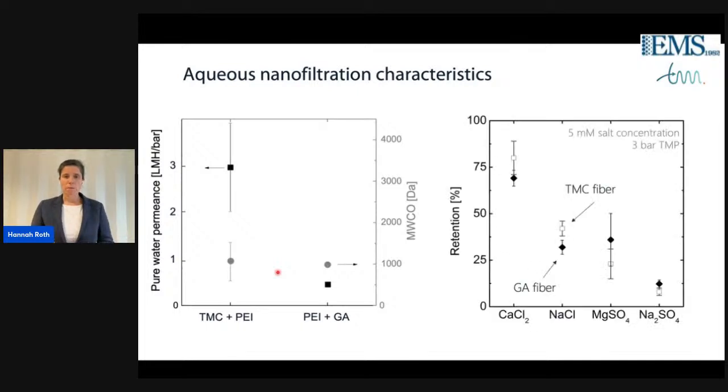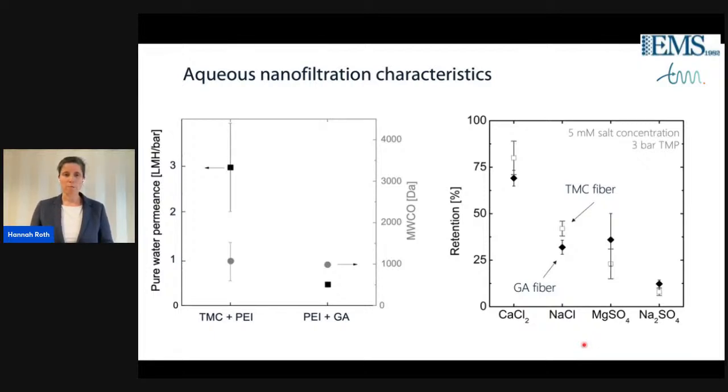And what you can see is that not all of the amine groups of the polyethylene imine are cross-linked, since we have a very strong positive charge shown by the high calcium chloride retention, and then decreasing retentions for the other salts.